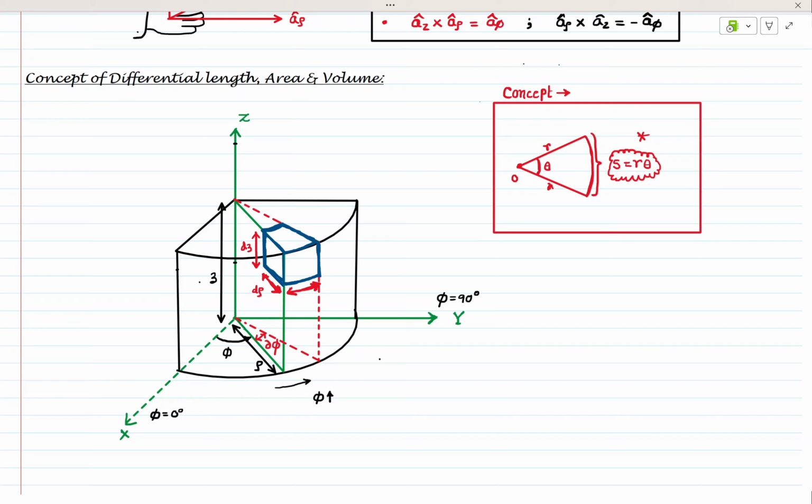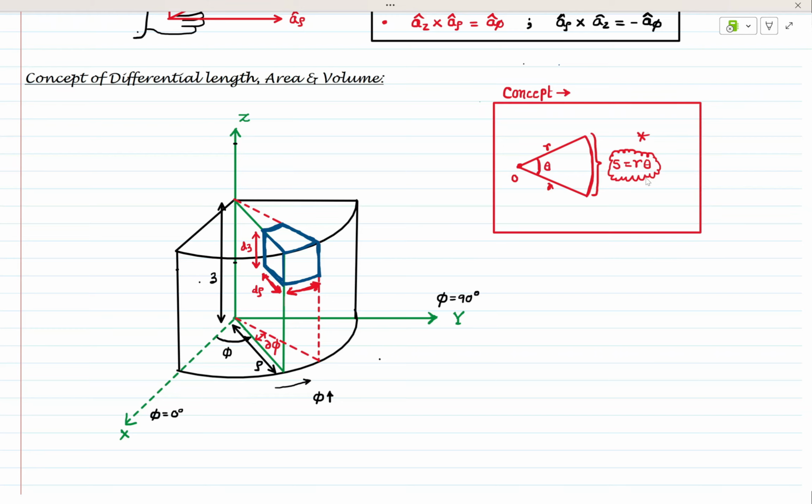Now, if you consider this portion, whatever I am pointing over here, that has the radius of rho and a small angle cut, del phi, then what will be the covered distance in the perimeter? That is nothing but rho into del phi, just similar to r into theta.